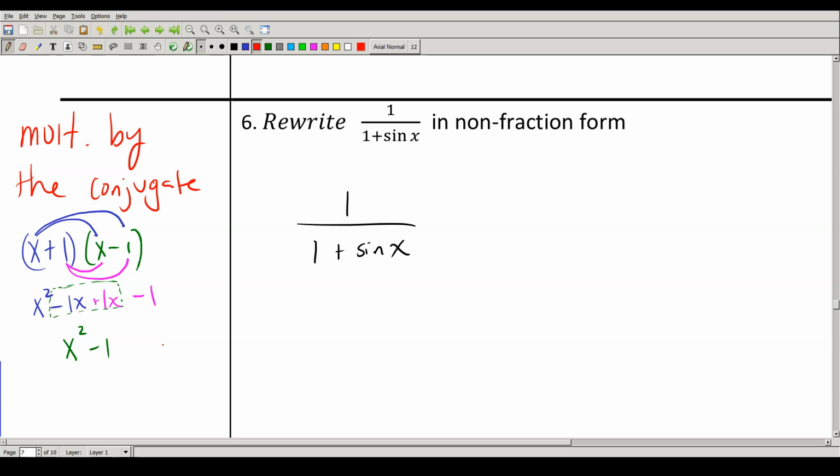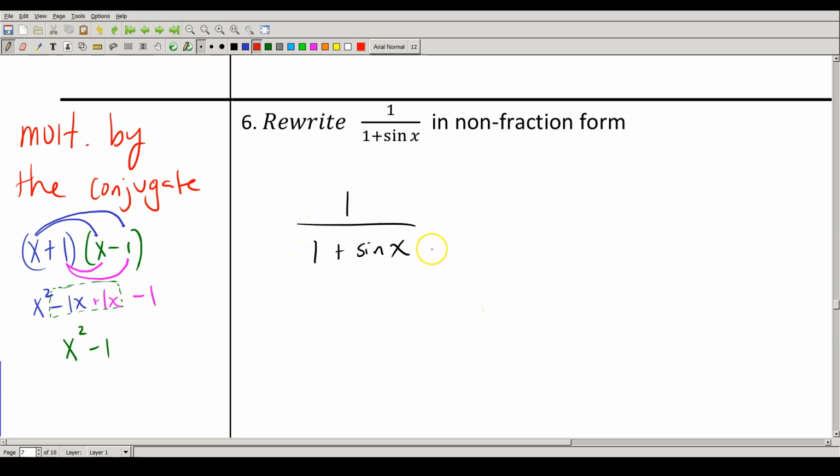Now when you multiply by conjugates, this helps us in a lot of places where we need to simplify. It's not going to just happen with this problem here. In other classes, in other situations, multiplying by a conjugate can be useful. So here's a case where we do it.